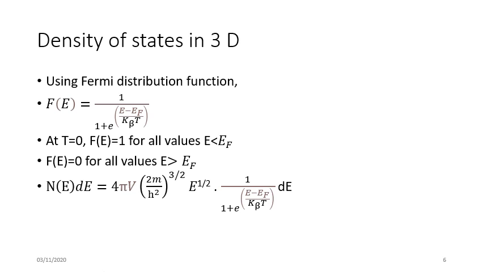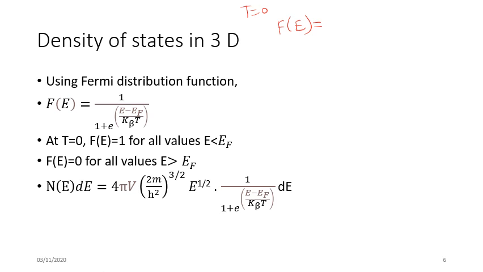So here we will consider that. At T equal to 0, F(E) is equal to 1 for all values of E less than EF, where EF is the Fermi energy, and it becomes 0 for E greater than EF. We will see how.